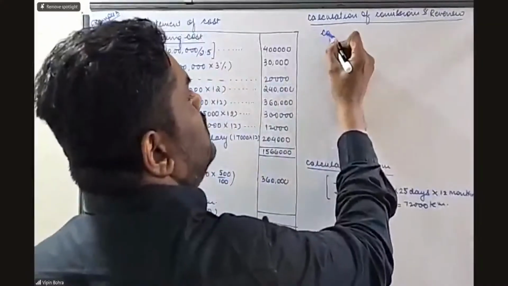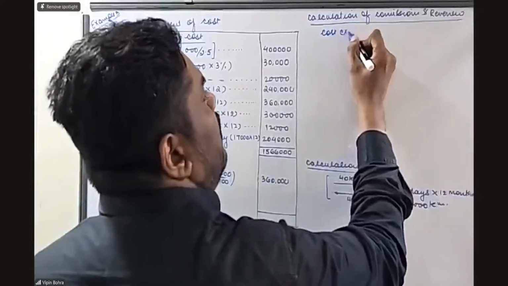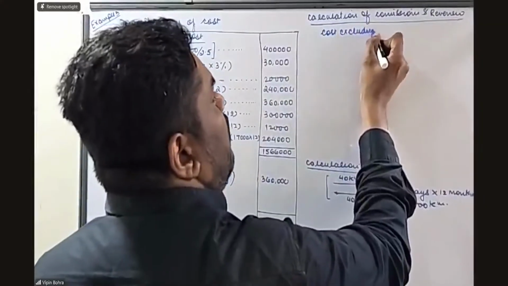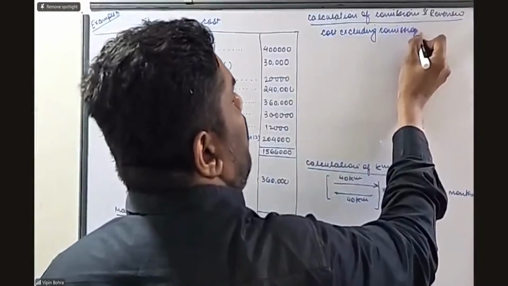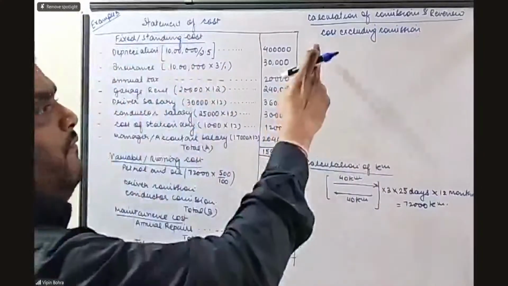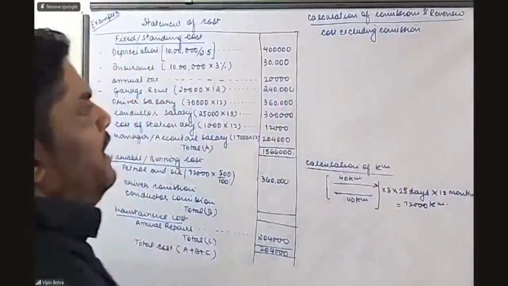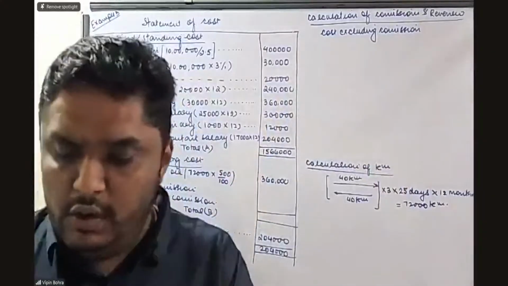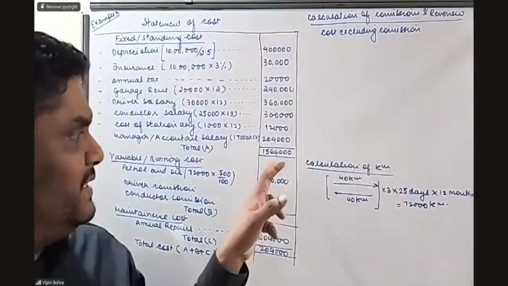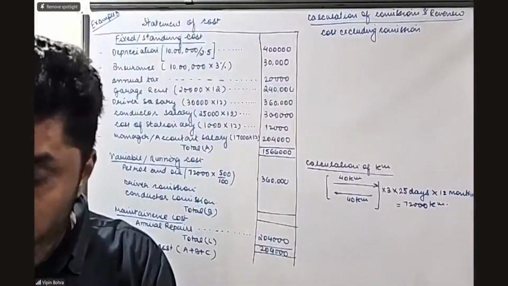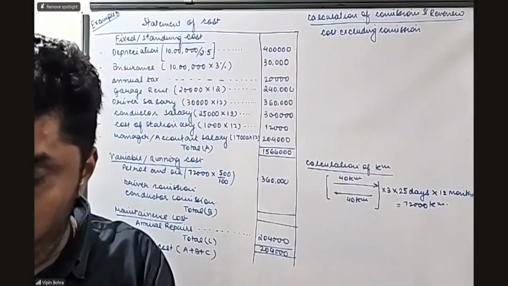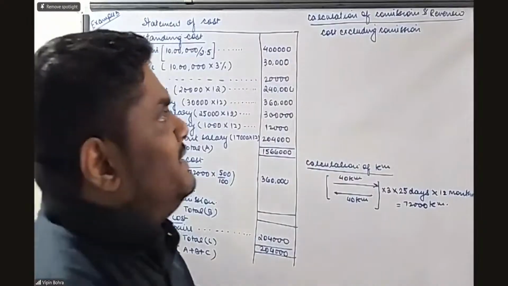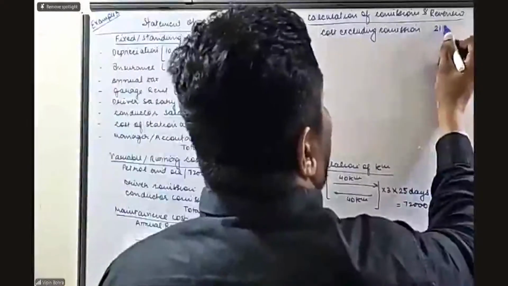So my cost, we will write down the cost excluding commission. So my cost excluding commission is how much? 15,66,000 plus 3,60,000 and plus 2,04,000. So my cost excluding commission is 21,30,000.